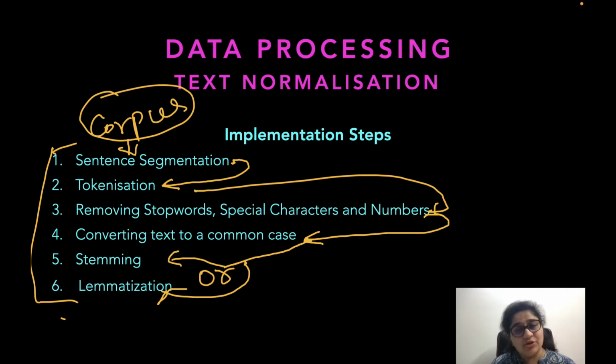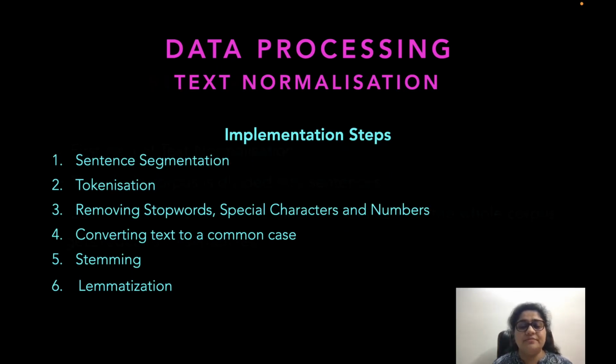Step 1 has to be executed first, then only you'll reach step 2, then the output of step 2 will act as the input of step 3, and the output of step 3 will act as the input of step 4. That's how it will flow. It's all interlinked. So these many steps we'll be covering in this session. All right, so we'll move from here.